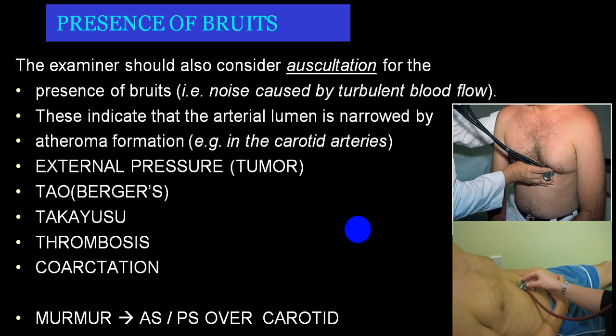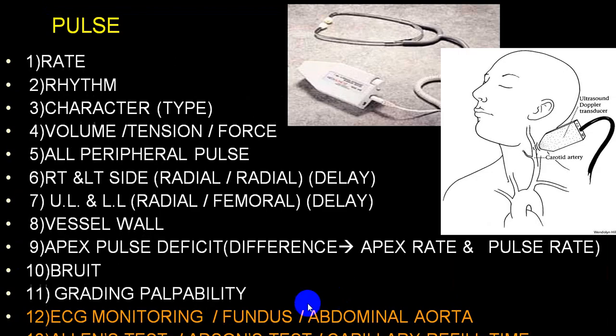This gives rise to a typical sound. It is called Duroziez's murmur. This is a very characteristic sound heard over the femoral artery in case of severe aortic regurgitation. So these are all the different sounds which you can hear, which we call bruit or hum, or transmitted murmur or conducted murmur.